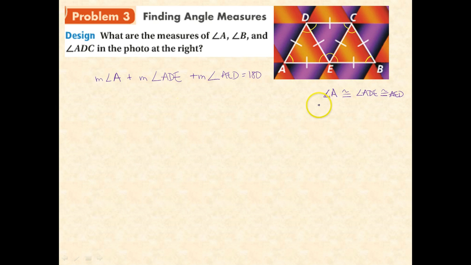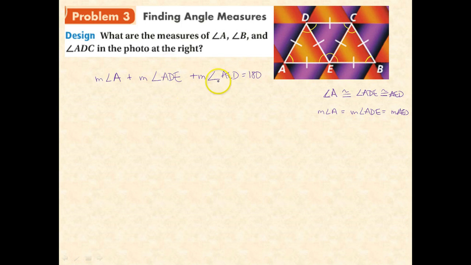So by definition of congruent angles, now I can say the measure of angle A equals the measure of angle ADE, and that equals the measure of angle AED. So now that these three measures are equal, I can use the substitution property of equality.